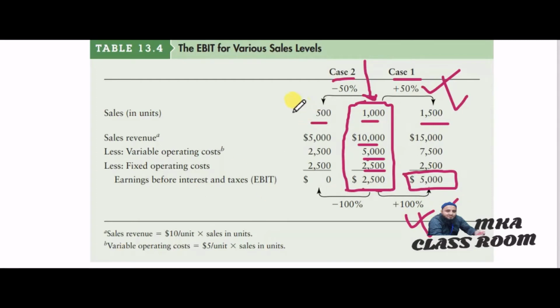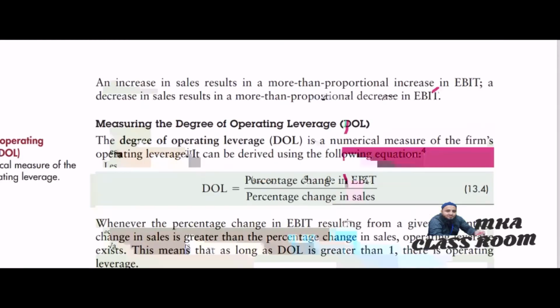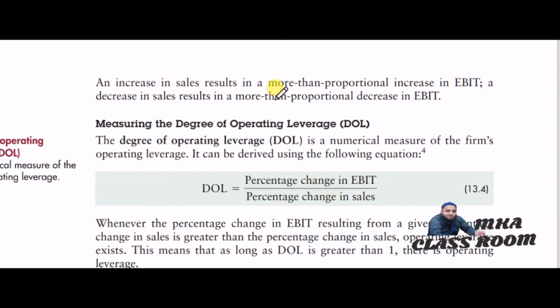Here sales decrease 50%, and EBIT is 0, that means EBIT decreases 100%. So an increase in sales results in a more than proportional increase in EBIT, and a decrease in sales results in a more than proportional decrease in EBIT.